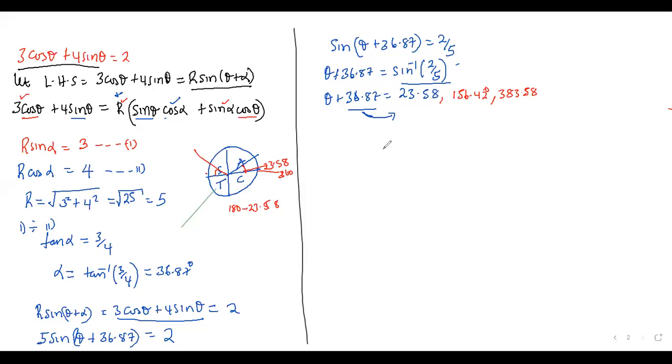Now, you do this before you bring this value. Learners normally make this error. They move this value first, then they get other angles of theta. Other angles are got the moment you get the sine arc. So therefore, finally, theta will become 23.58 minus 36.87. What does that give us? It's a negative.